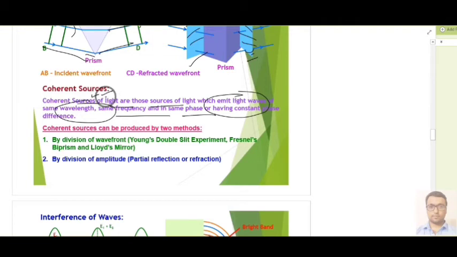Basically, if you divide the light of one source in two ways, that is, light is going from a certain direction and you make two holes in such a way that the light coming from here looks different and from here looks different, like they are coming from two light sources, but actually their source is the same, then such light is called coherent sources, in which wavelength, frequency and phase are the same, because their source is the same.